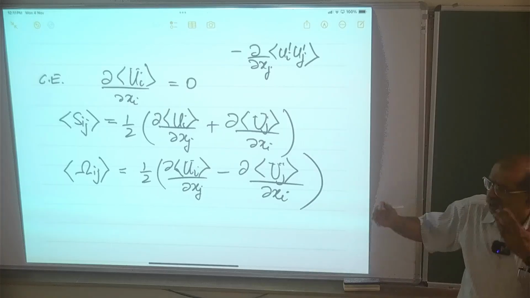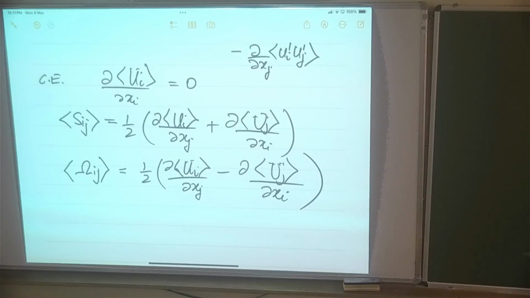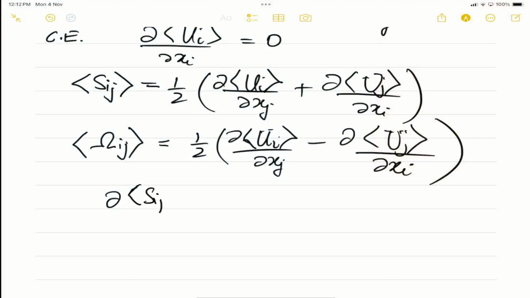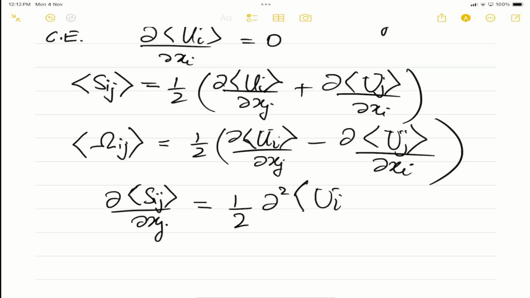One is the symmetric part, one is the antisymmetric part. And also we know partial mean Sij by partial xj is equal to half d2 of mean of ui.